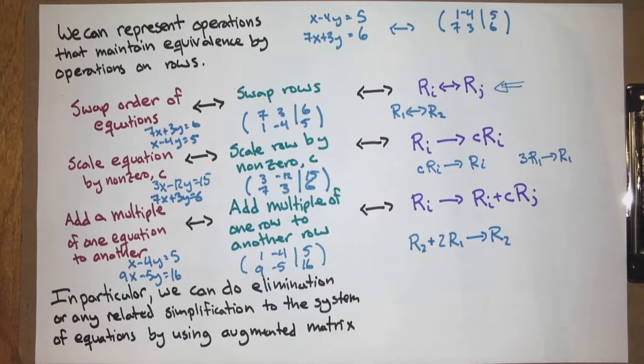Now, notice we talked about row operations. What haven't we talked about? Channel your inner Lord of the Rings characters. Column. Yeah, we're not talking about column operations. We don't do column operations.